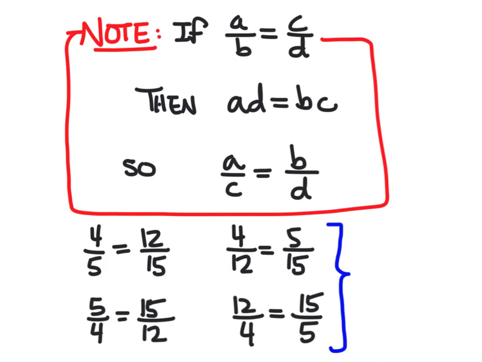So before doing a few examples, let's just make one more note about proportions. Let's consider just an arbitrary proportion here, A over B equal to C over D. Well, if it's a proportion, then the cross products must be equal. So A times D must be equal to B times C. But if I take this equation now, and I divide both sides by C and then both sides by D, you'll see that I get a new proportion.